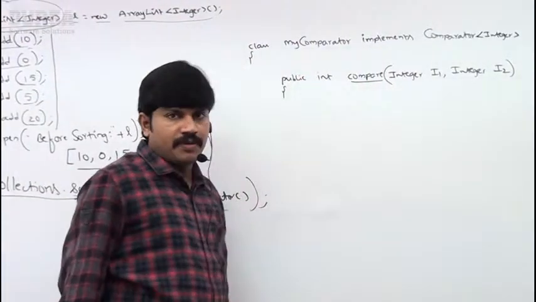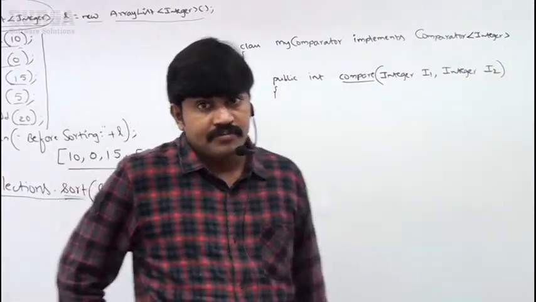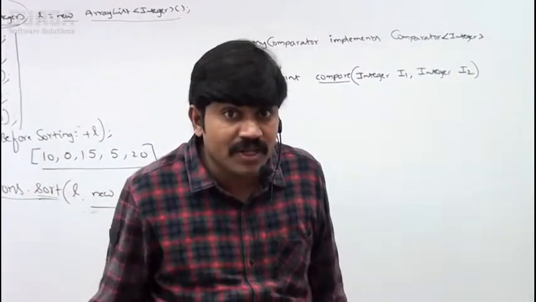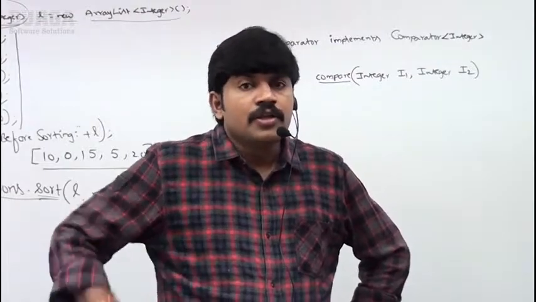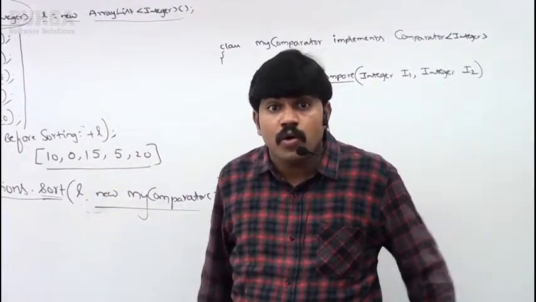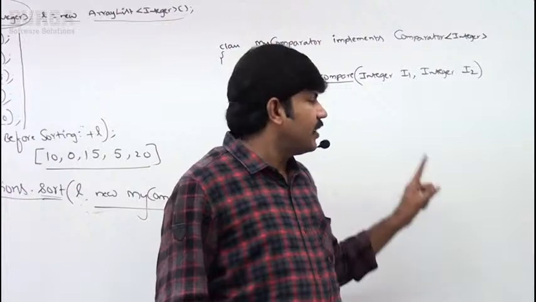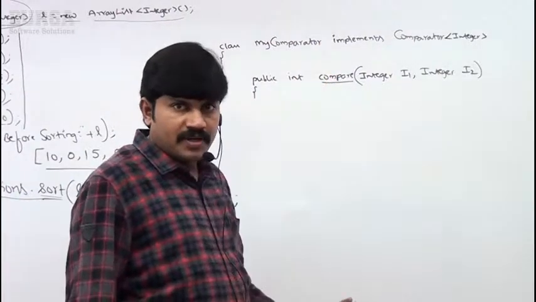The compare method, right? Sir, which sorting do you require? Ascending order or descending order? If you want ascending order, it is already defined in Collections.sort. But I want my own sorting order, descending order, so we should go for comparator.